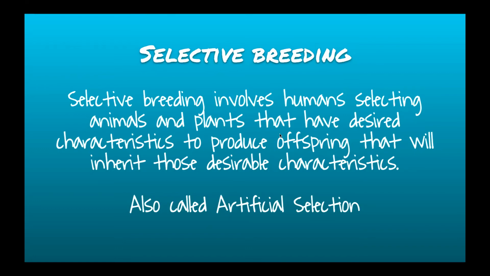So if you're a farmer and you want to sell your eggs, you're going to pick a chicken that lays a lot of eggs. So if you have a particular chicken on your farm that doesn't lay a lot of eggs, you're not going to want to let that hen near the rooster to reproduce. You're going to want to find the chickens that lay the most eggs every day, and you're going to want them to reproduce, right? So selective breeding is something that happens because of people choosing it to be that way.